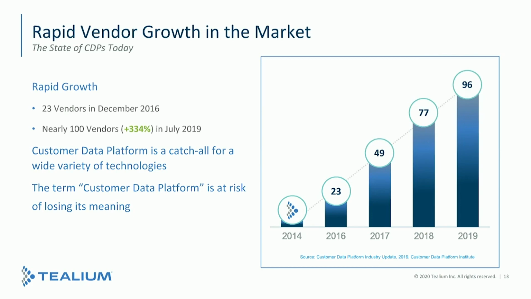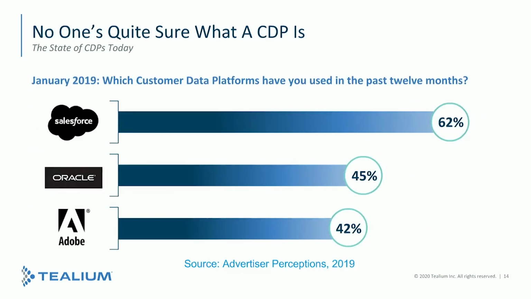One of the things I think it does, though, is when we have so many different technologies that come from so many different places, we run the risk of washing out what a CDP means. We can see how that plays out when we look at the survey that was taken in January 2019, where a series of organisations were surveyed to find out whether they were using a CDP and had done so in the past 12 months.